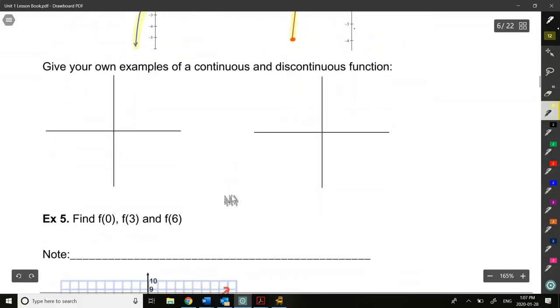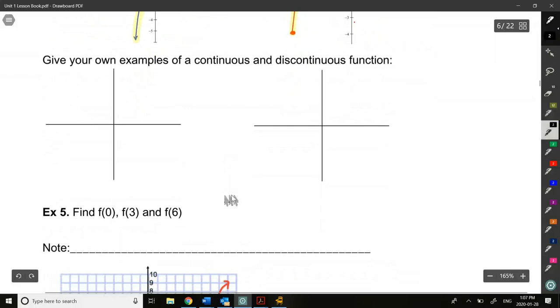Okay, I want you guys to see if you can make your own example of continuous and discontinuous.